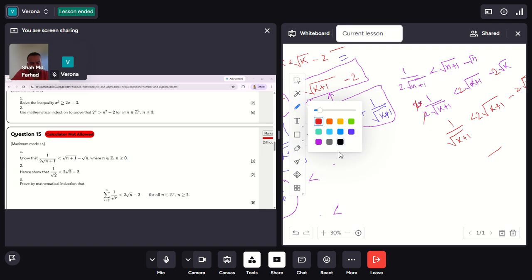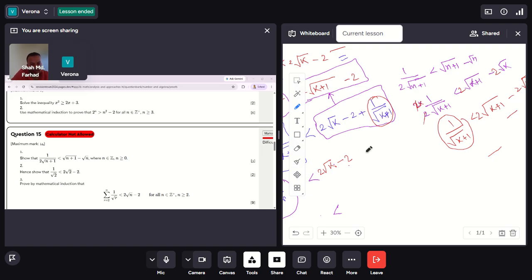Now here it will be 2k root k and then minus 2, and then we can replace this term by this.